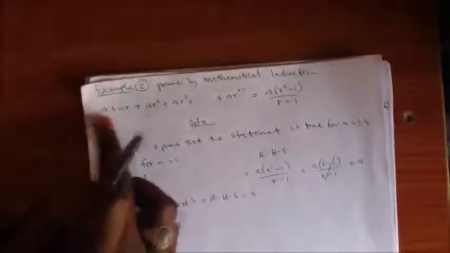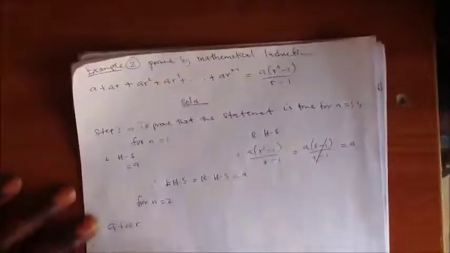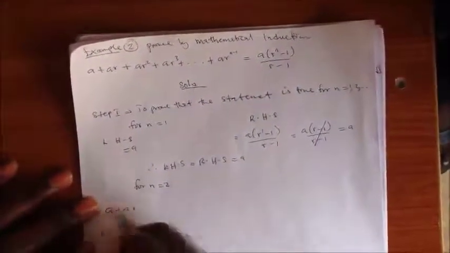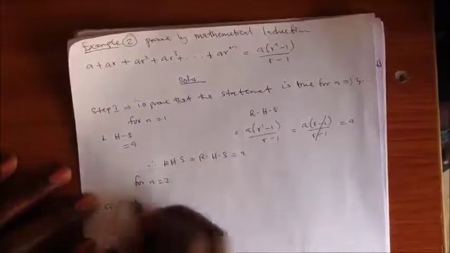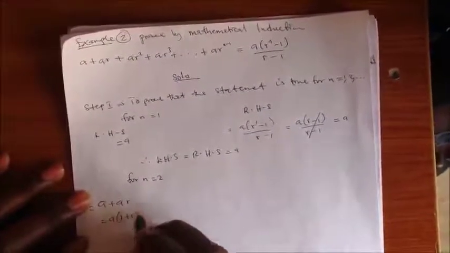Then for n equals 2, we should test for n equals 2. In our left hand side, we pick the first 2 terms, which are a plus ar. Now, in this a plus ar, something is common, so you can factor it out. We have a into 1 plus r.